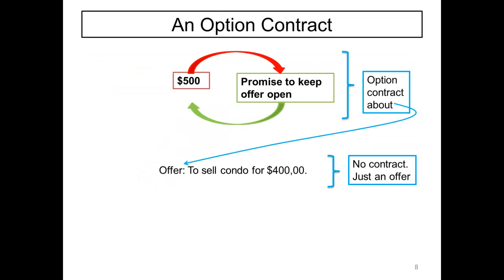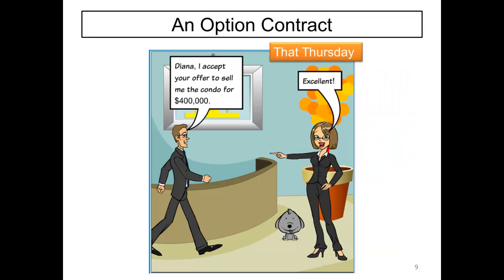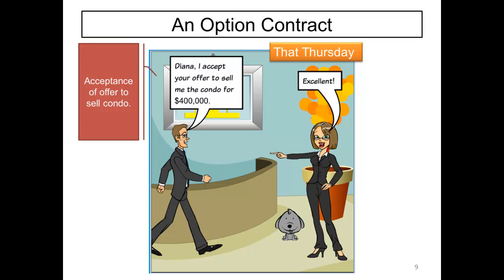You can see this more diagrammatically here. You've got $500 exchanged for a promise to keep an offer open, and that offer is listed below. So the top part, you have the option contract, and it's about that offer to sell the condo for $400,000. On Thursday, John says, "Diana, I accept your offer to sell me the condo," and she says, "Excellent." We've now got acceptance of the offer to sell the condo.